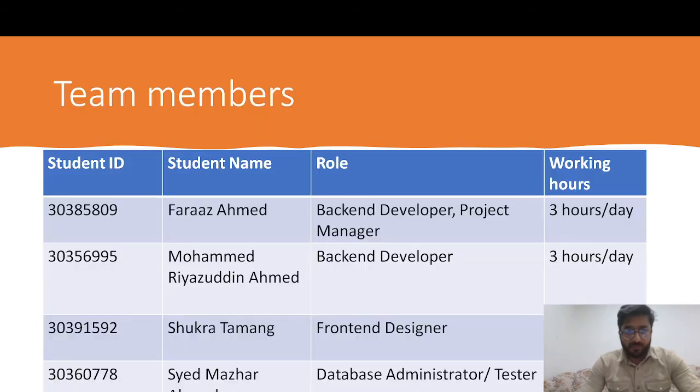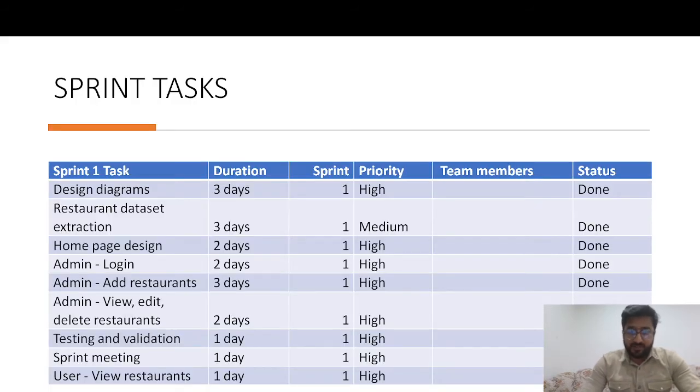So this is the first sprint we have worked on. The Restaurant Roulette web application will be developed using the Agile Scrum project development approach. This project will be completed in 3 sprints, where the first sprint will be devoted to implementing the initial requirements which have been identified.